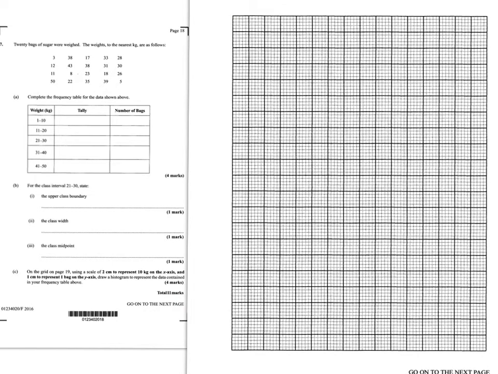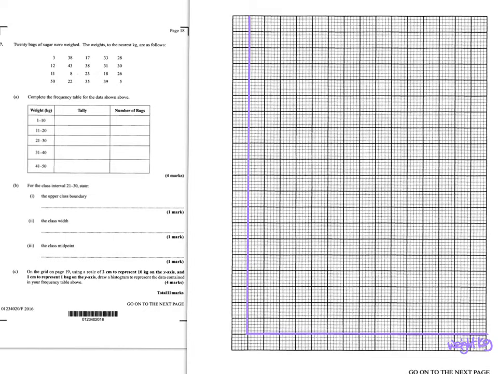Okay, so now they want us to draw the histogram. And so to draw the histogram, they want us to use a scale on the x-axis and a scale on the y-axis. So let us first draw in an x-axis, and let us draw in a y-axis. The scale on the x-axis that they want us to use will measure the weight in kilograms, and they want us to use 2 centimeters to 10 kilograms.